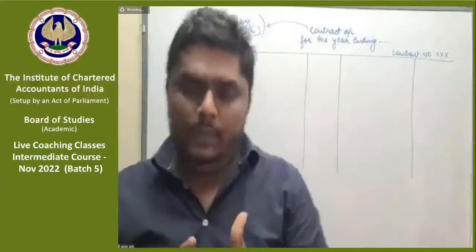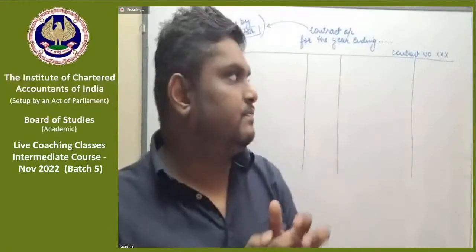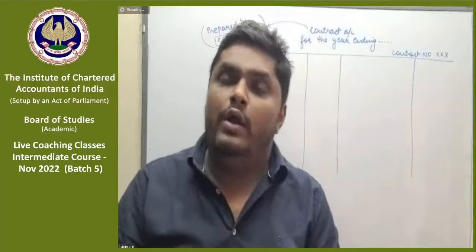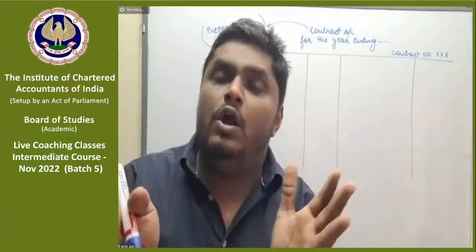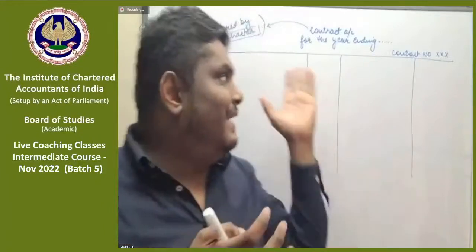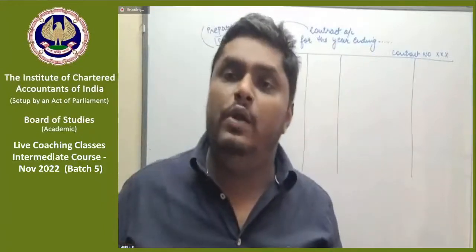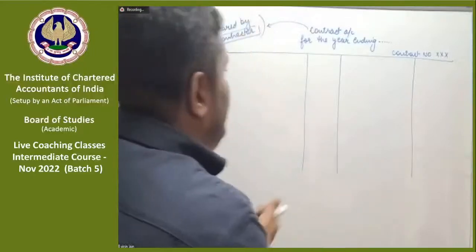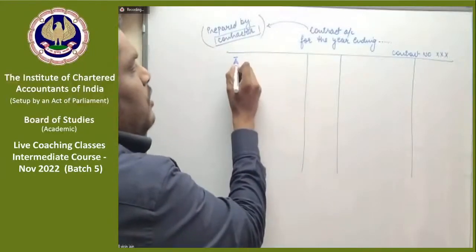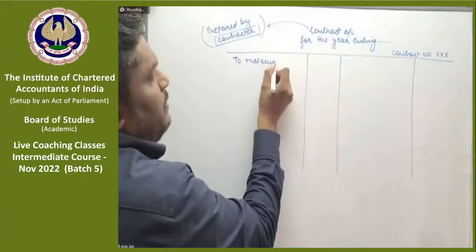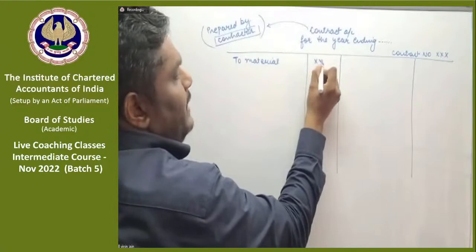So now, how to prepare a contract account? As I told you, a contract account is an account wherein the contractor records all the expenses that are incurred relating to a particular contract, plus the work that has been completed. So when talking about recording of expenses, let's say the material that has been issued to the site will be recorded.